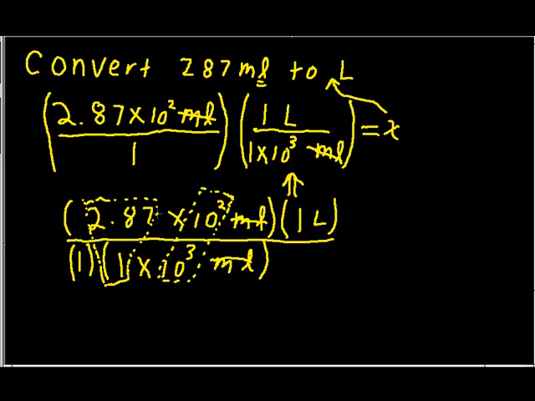And we work with those 2 events as separate events. And so you get 2.87, since 2.87 divided by 1 is 2.87, and you then multiply 10 to the, now 10 to the second divided by 10 to the third, we subtract exponents. So 2 minus 3 is 10 to the negative 1.